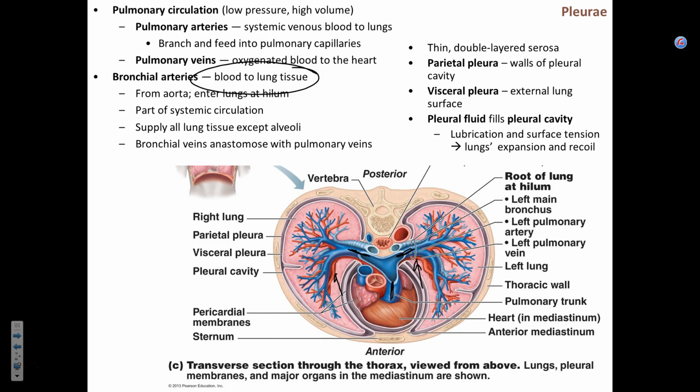Does that make sense? So, do they decrease the oxygen content in the blood a little bit? Yes. Is that a lot? No. Because if you think about it, the amount of muscle tissue in the bronchioles is really small. They do not consume a lot of oxygen. They do not produce a lot of CO2. Does that make sense?